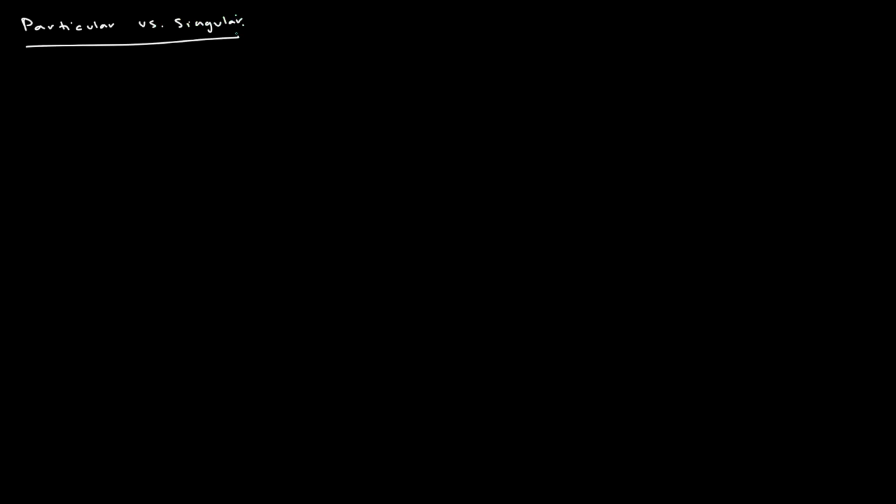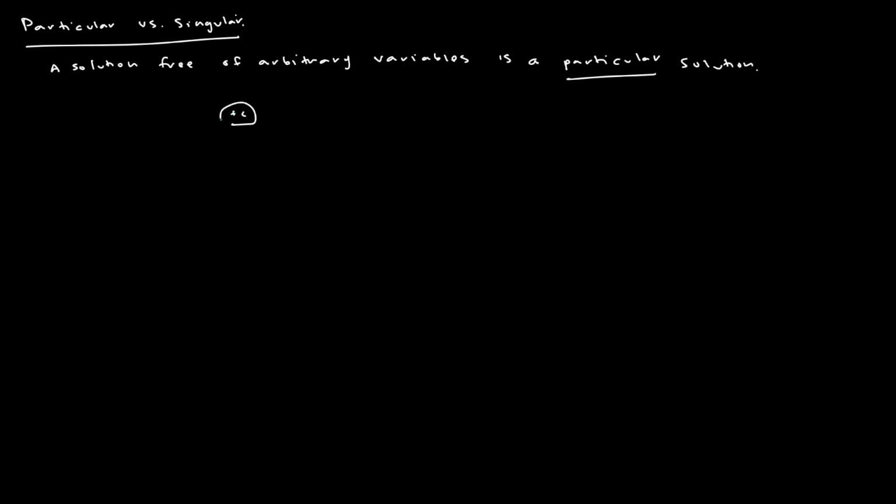So a particular solution is a solution free of arbitrary variables. So remember when we found the integral of a certain function, we added the plus c, and so that's an arbitrary variable, right?